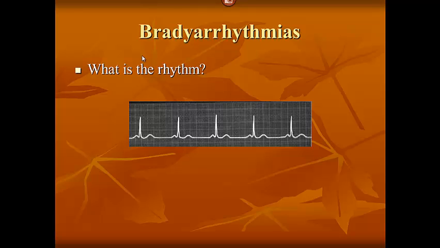This results in an upright P wave in lead 2. If there is a P wave before every QRS complex, you have a sinus morphology. A sinus morphology is an upright P wave in lead 2 and a biphasic up or down in V1.